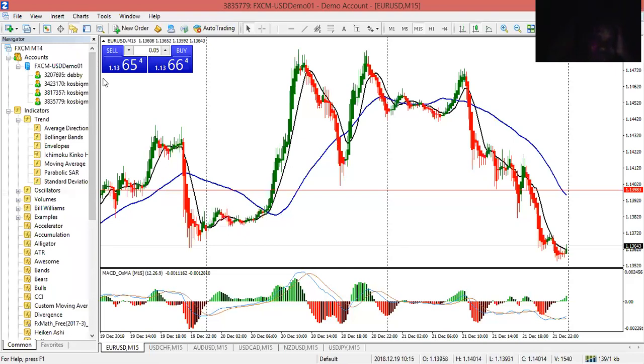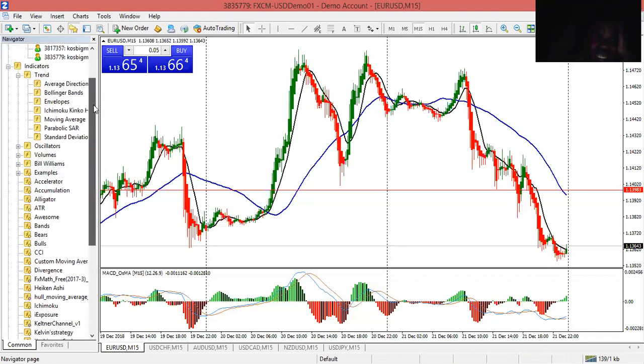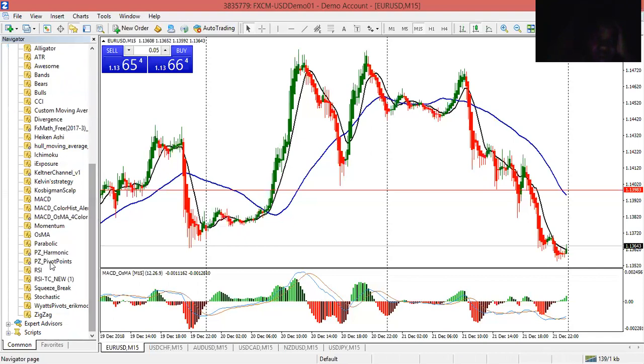Some persons program indicators. Maybe they have their own pattern or style of trading. They can put it into a program, turn it into software, and sell it. When you buy such from them, you install it and it will appear here.